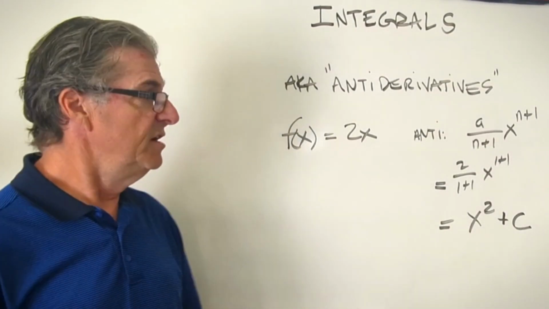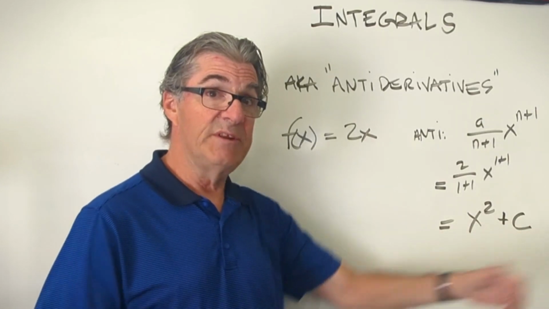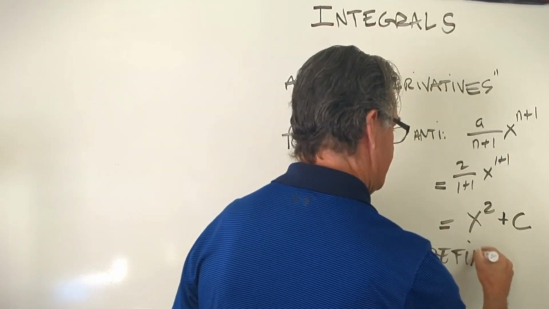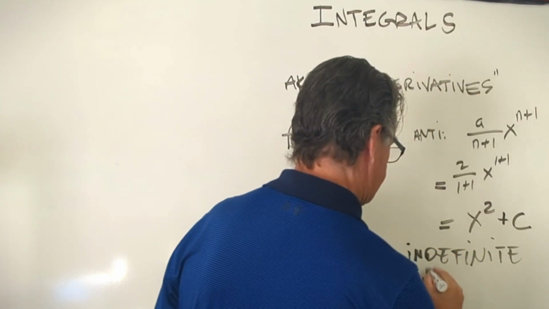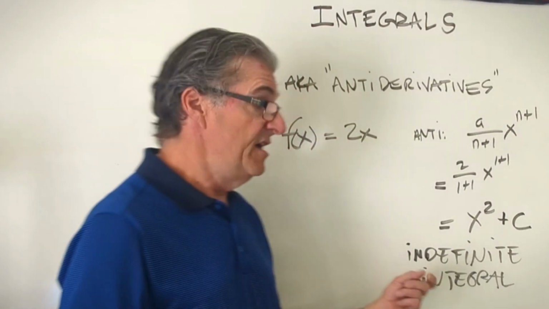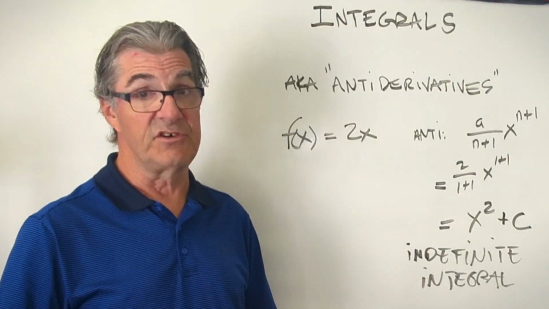We just don't know. So whenever we take an integral, we put a c there. And that's what they mean by the indefinite integral. And truthfully, this is the title of the lesson from our textbook, indefinite integrals.